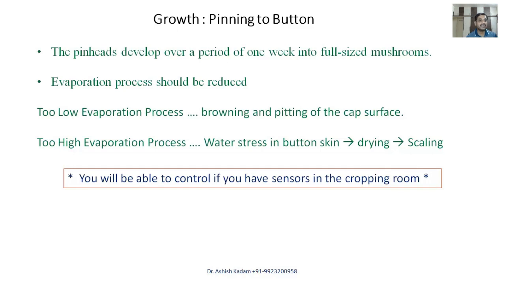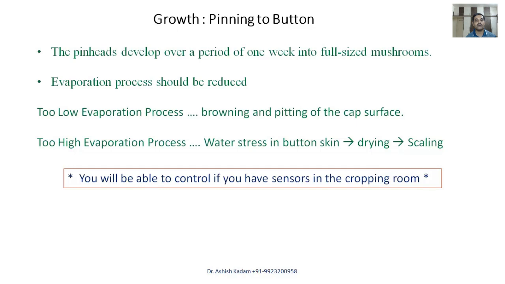If the evaporation rate is very high, moisture will go out of the button skin and water stress will develop, drying will happen, scaling will happen. You have to control the evaporation process here, because you are continuously watering the pin heads, you are continuously watering the crops.